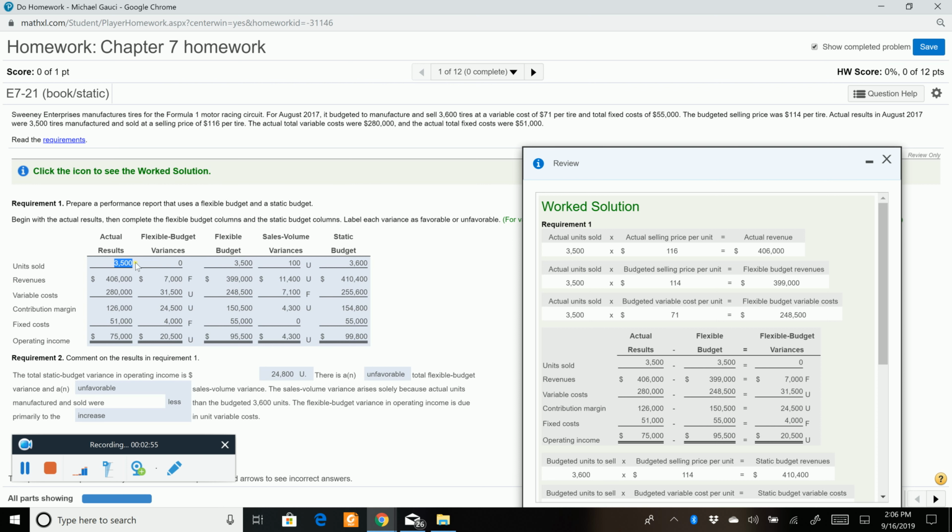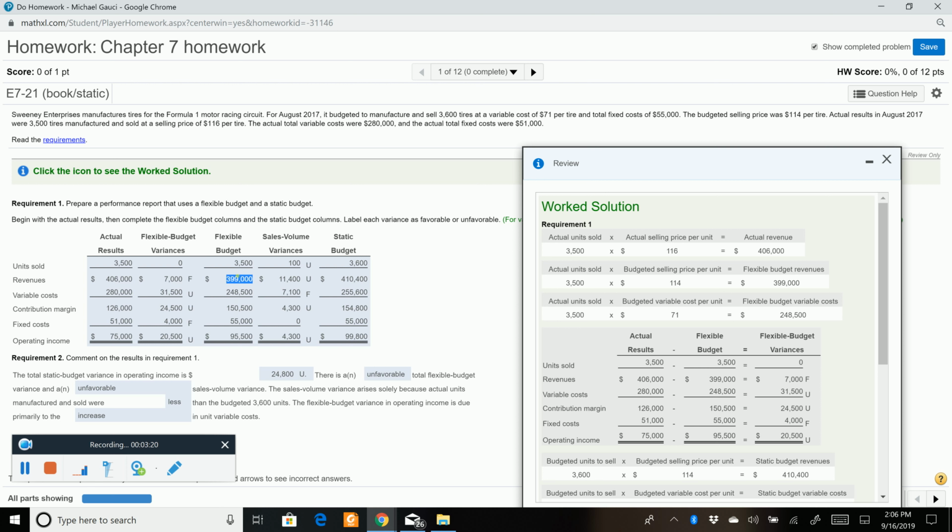Instead of comparing apples, which is the 3,500 units actually sold, to oranges, which is the 3,600 we were planning on selling. So we take our flex budget, 3,500, and multiply it by budgeted revenues of $114 per tire. You'll get your $399,000.